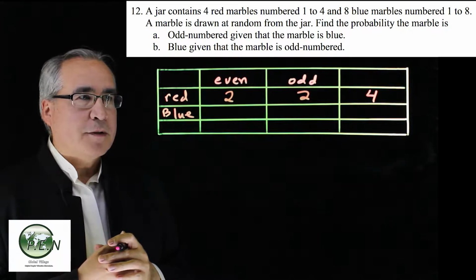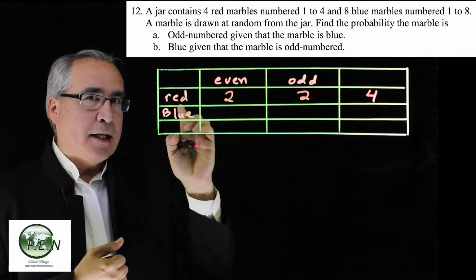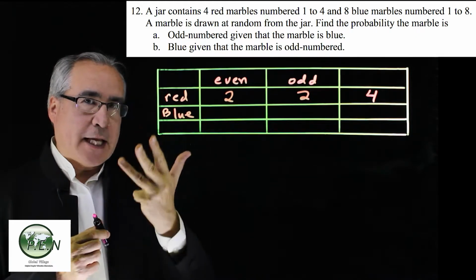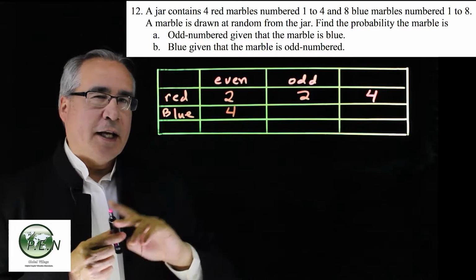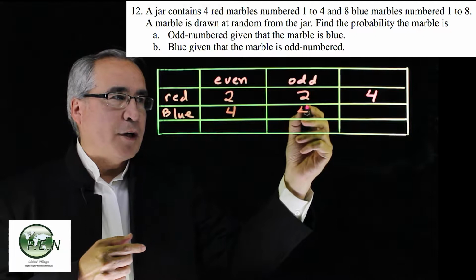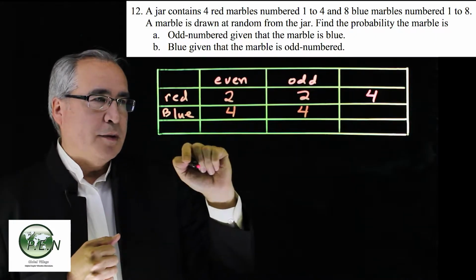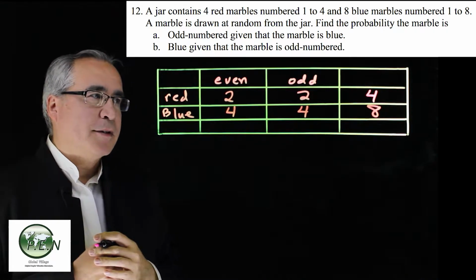There's 4 red marbles. For the blue, we're told that there are 8 of them, and so we've got 2, 4, 6, 8. 4 even numbered blue marbles. And 1, 3, 5, and 7 gives us 4 odd numbers that are blue. 4 plus 4 is 8. That accounts for all 8 marbles.